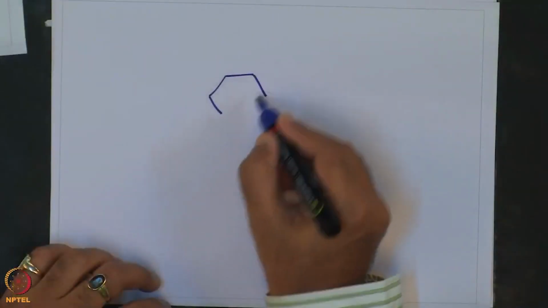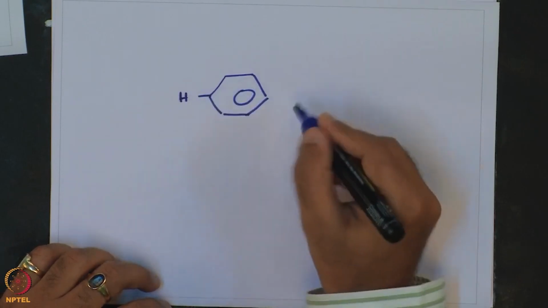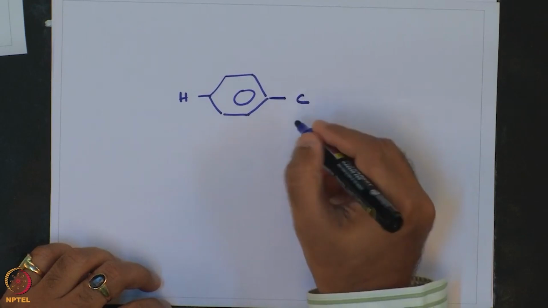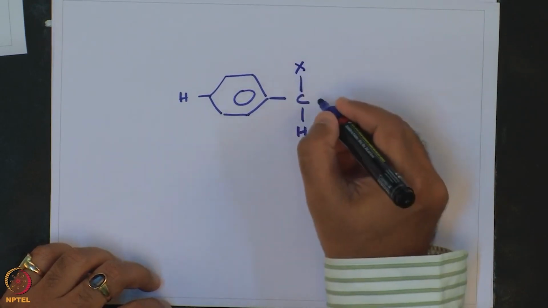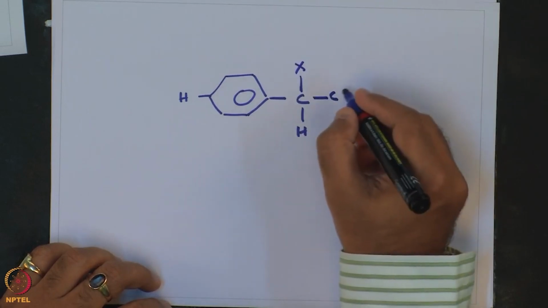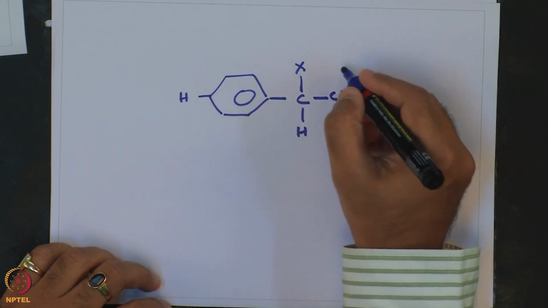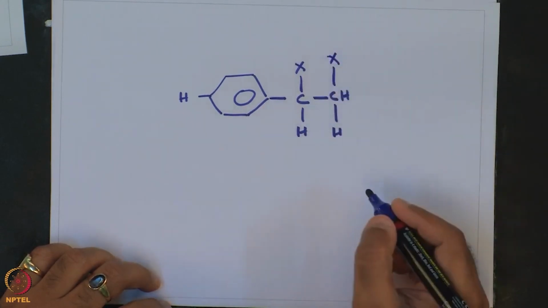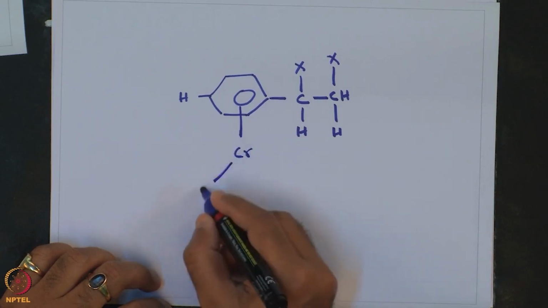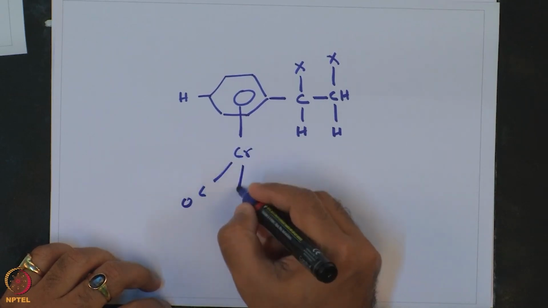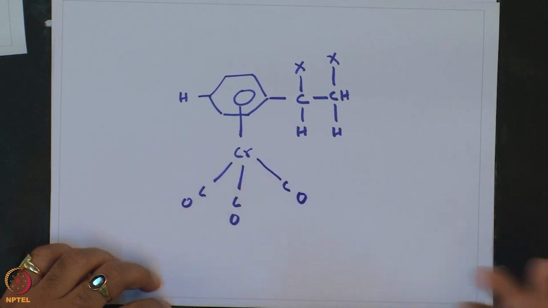For example, this arene, CHX, CHX, this kind of structure bound to chromium tricarbonyl.